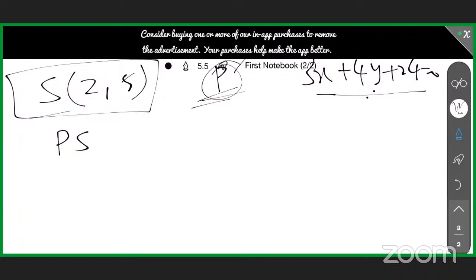Why is the class so silent? Is it perpendicular? What do you understand by the distance of a point from a line?